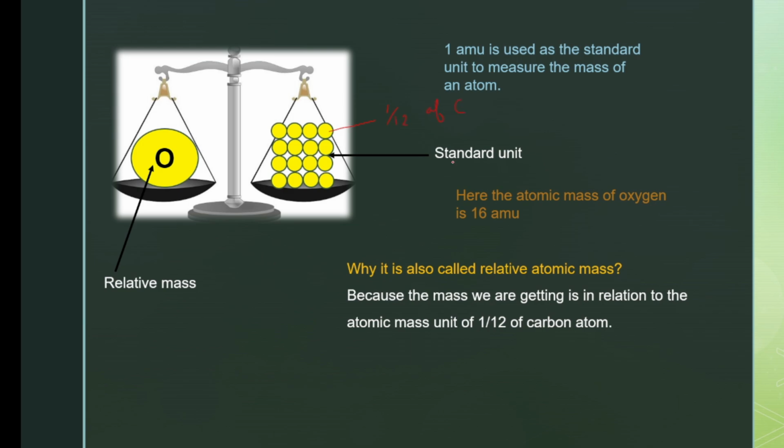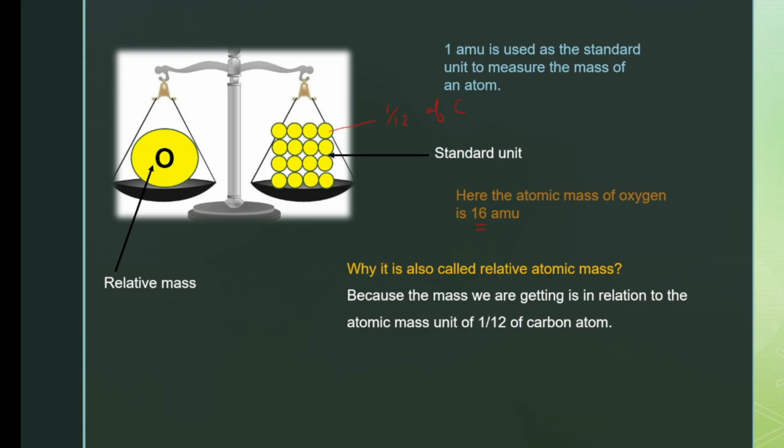So how many 1 by 12 of carbon atoms are there in oxygen? 16. 16 into 1 by 12, that many pieces are there. Since we are comparing the atomic mass of oxygen with the standard unit of 1 by 12 of carbon atom, we also call it relative atomic mass. We measure how many smaller pieces the oxygen atom is made of, and that will be equal to its AMU.